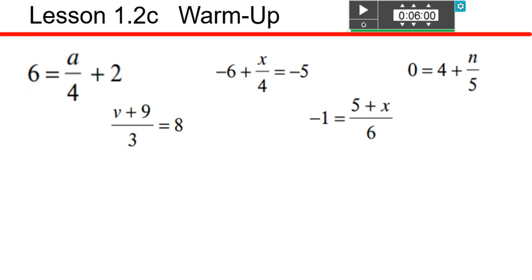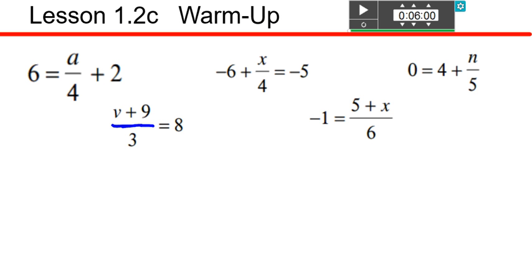You're going to work it a little bit differently. For example, with this one, well, actually I had to switch these around, so let's switch them around again. With this one, I had to subtract the 2 first to get the a over 4 by itself. In this problem right here, since all of it's being divided by 3, I'm not going to do any adding or subtracting first, because all I have going on right here is division.